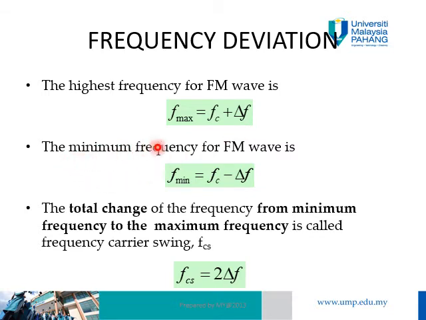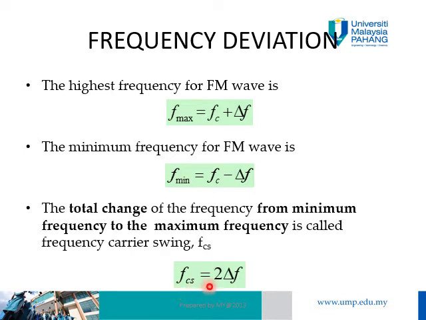The minimum frequency for FM is fmin, which is fc minus delta f. The total change of the frequency from minimum to maximum is called the frequency carrier swing, FCS.